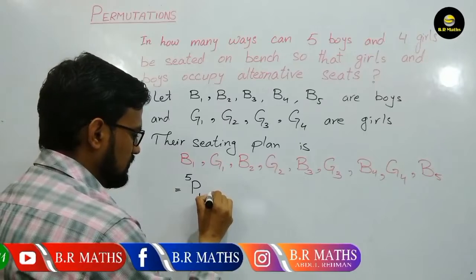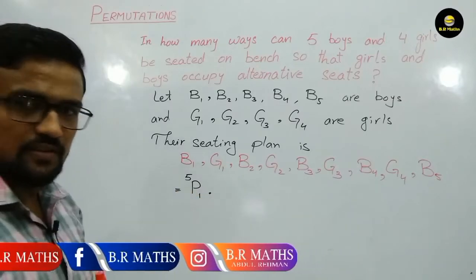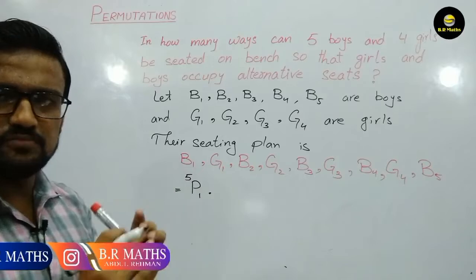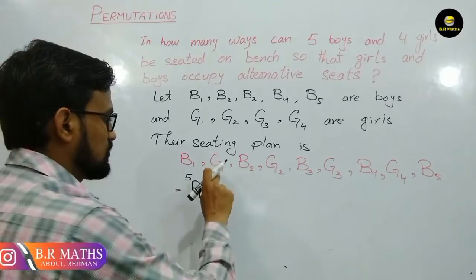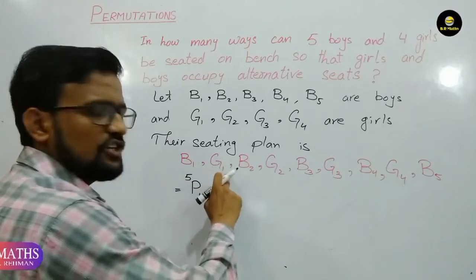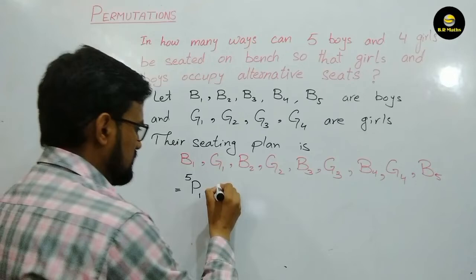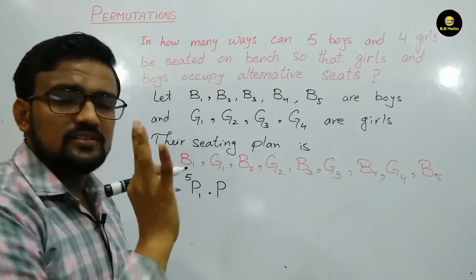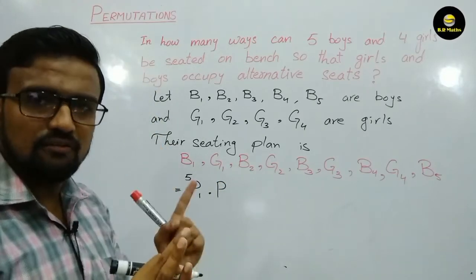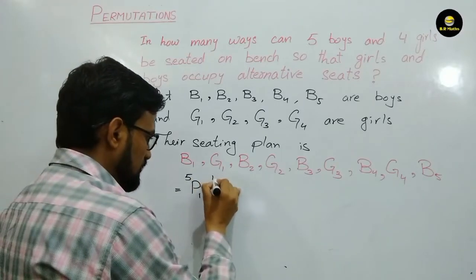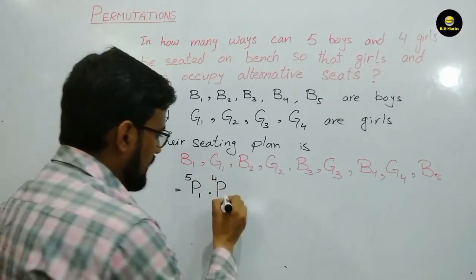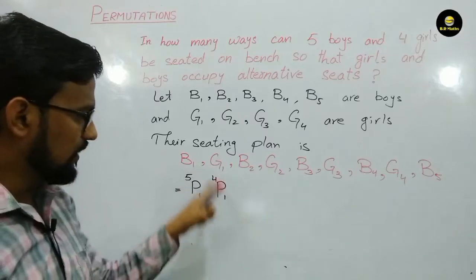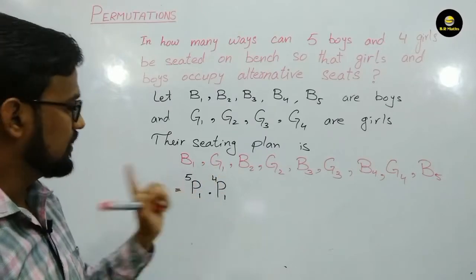Next, students, this is a multiplication, because for all permutations we multiply the sitting arrangements. So next, G1 means girls. How many girls are there? There are 4 girls. So 4P1. Okay, 1 girl is done.